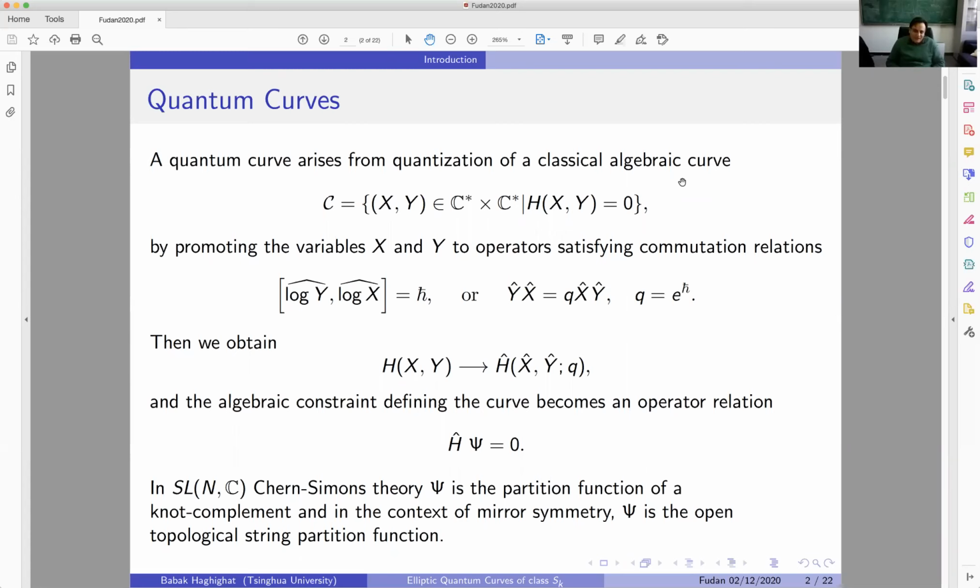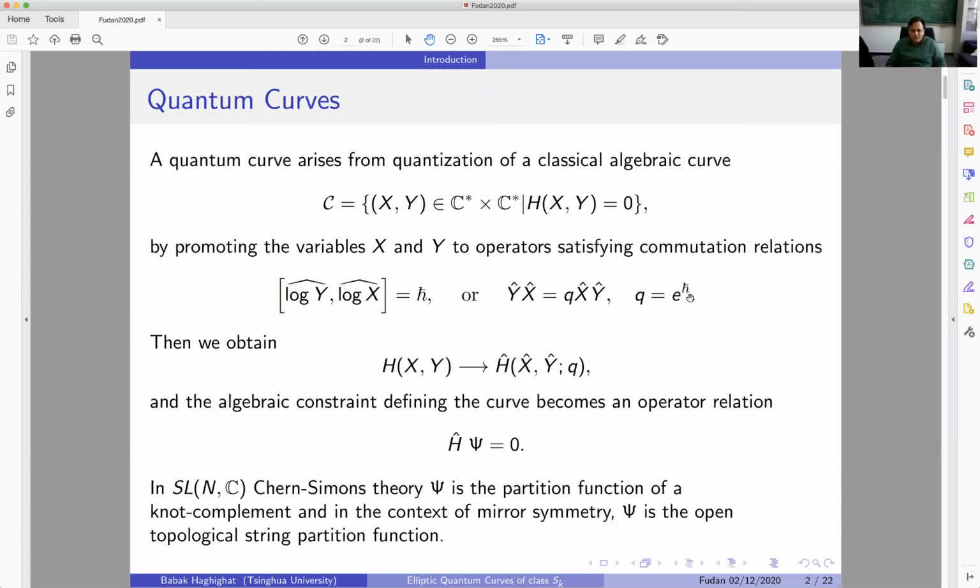This quantization is done, as I said before, with x and y being exponentiated variables. The quantization is done by taking the logarithm of these and promoting the logarithm to operators such that they satisfy this type of Heisenberg algebra. The exponentiated variables can then be thought of as satisfying this commutation relation, where Q is the exponential of this h bar.